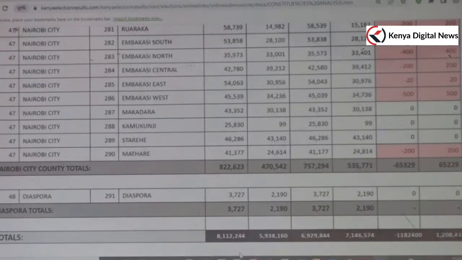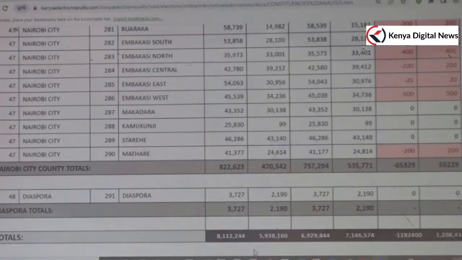And in that, now, if you add all these data values, you're going to have 244 million votes. And then Dr. Ruto having 5.9.